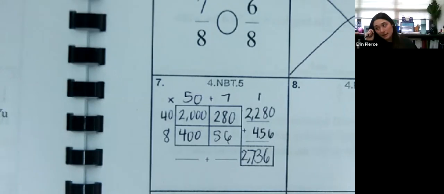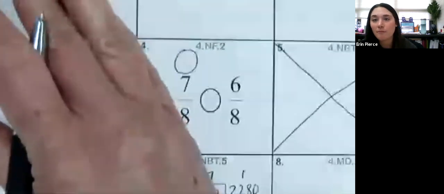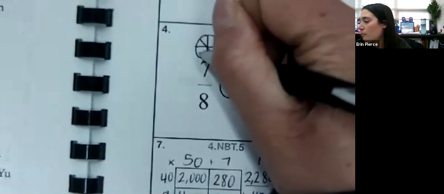Fill in the sign that makes this true. All right, so I want to think about a pizza, okay? Imagine I have 2 pizzas. I'm going to draw them right above these. They're the same size, split into 8 equal parts.